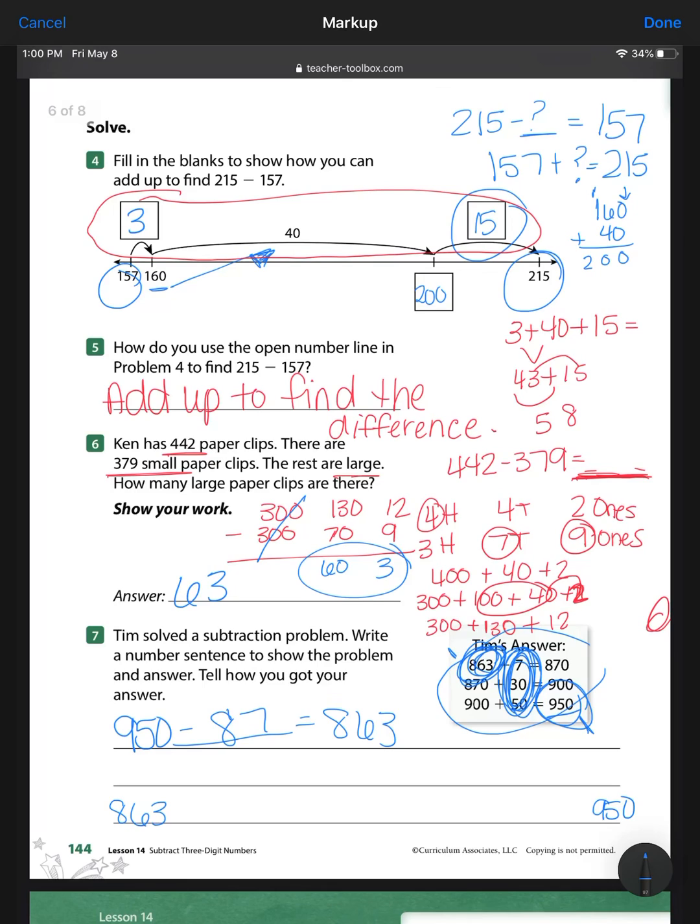So first what he did was hop back 50 and equals 900. Then he hopped back 30 to get 870. And then last but not least, he hopped back 7 to get 863. Okay?